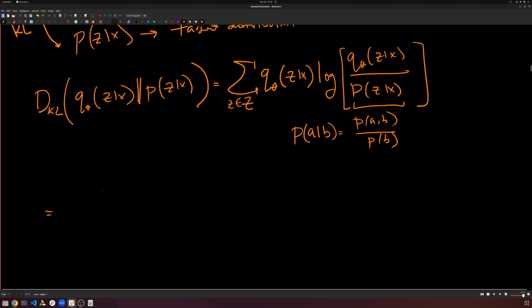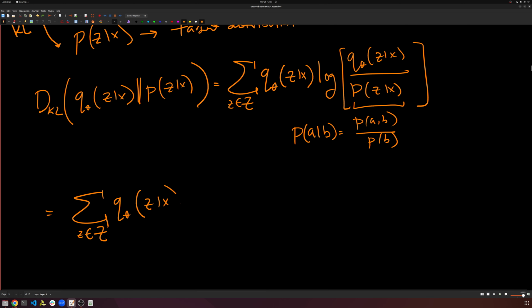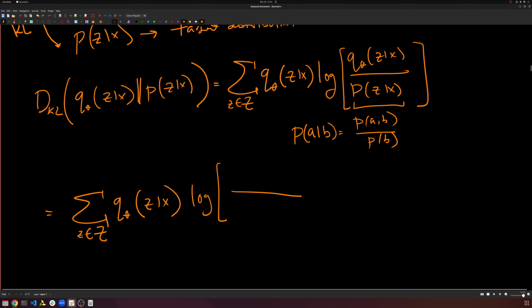So what we're going to write is the sum over z, element of z, of Q theta z given x, and then log, just like before. Instead of writing P z given x, this is going to turn into P z comma x, the joint distribution between the two.